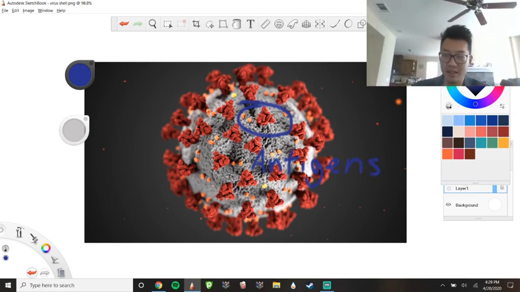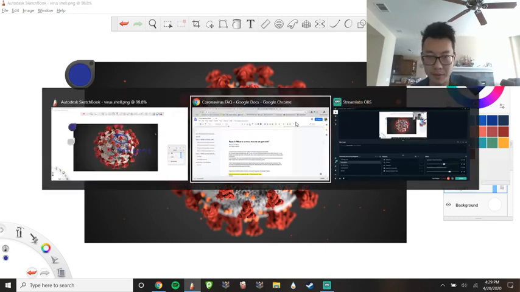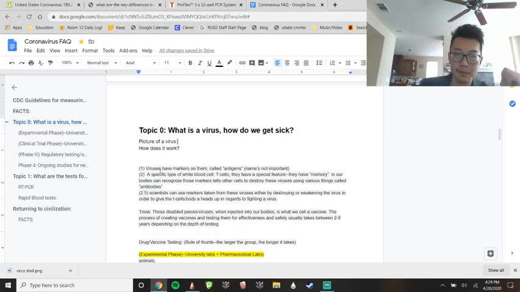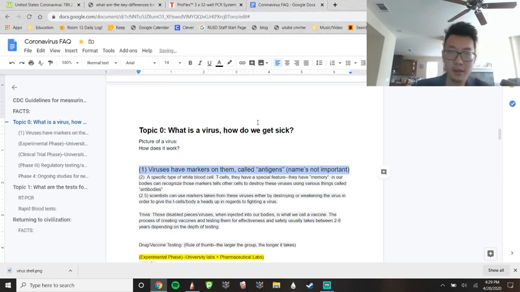The whole point is that they just came up with a name for something that we can recognize. So these little nodules that come off of it are known as antigens. So viruses, number one fact, we're only covering 2.5 things today for this topic, is that viruses have markers on them and we call them antigens.